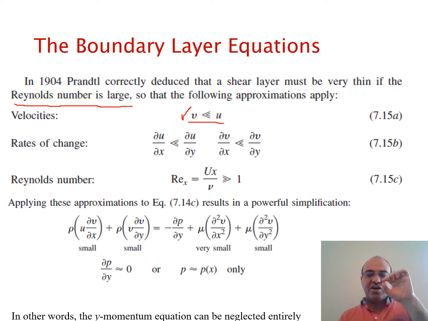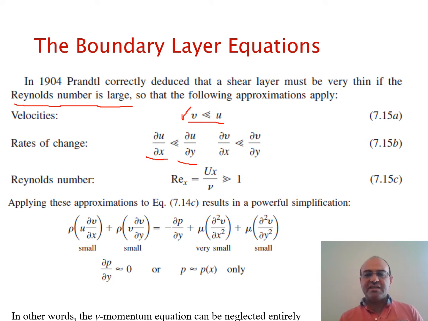Over a small distance, the velocity changes from 0 on the surface to capital U at the edge of the boundary layer. But in x, the gradient in u is not substantial, so this term is much smaller than this. And we can also say that the gradient of v with respect to x is much smaller than the gradient of v with respect to y.